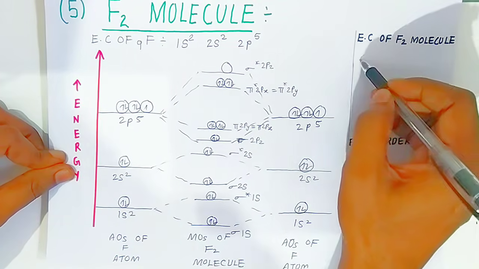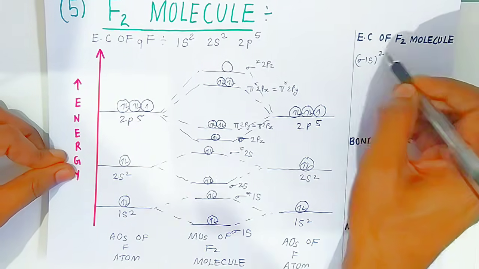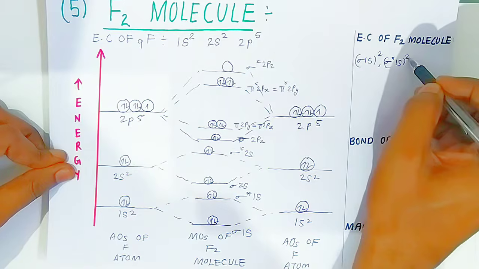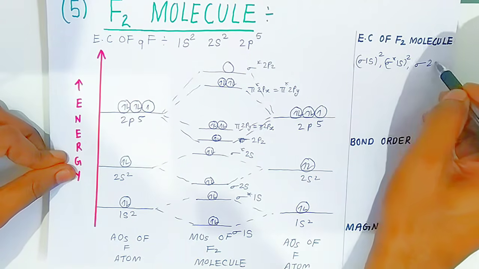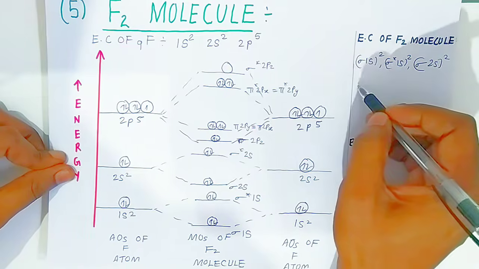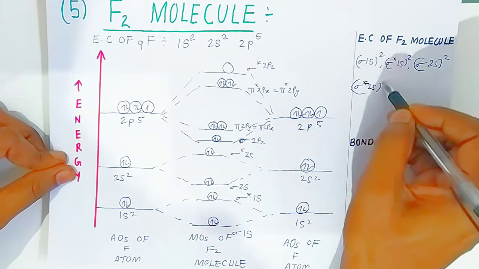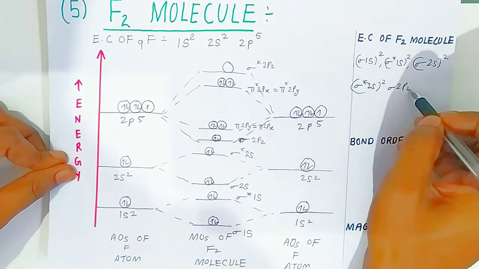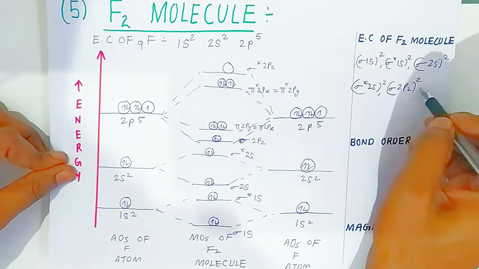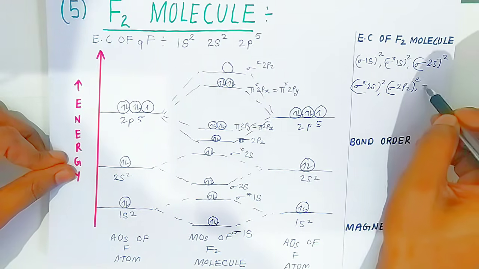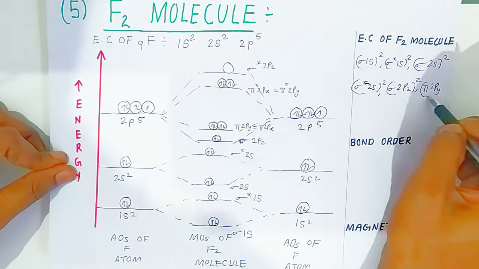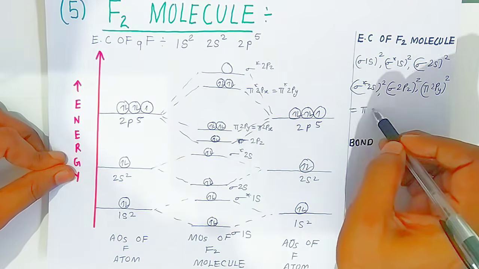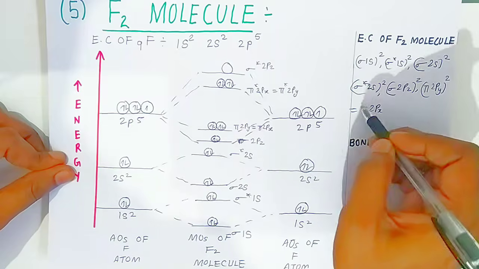So first is, students, sigma 1s2, because 2 electrons, then comma sigma star 1s2, then sigma 2s2, sigma star 2s2, then we have sigma 2pz2, then we have, students, pi 2py2, and because they are having the same energy level, we can write an equal sign pi 2px.